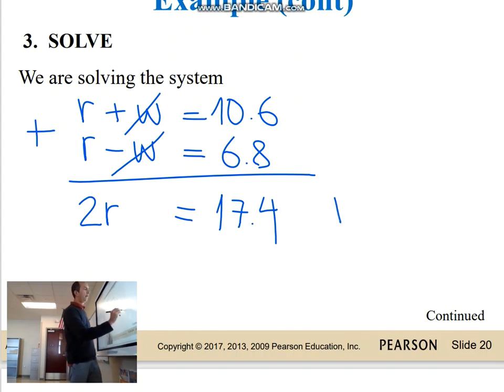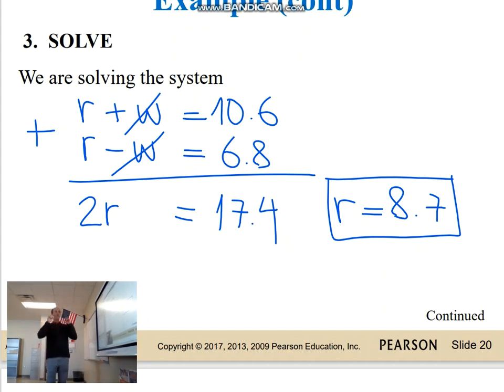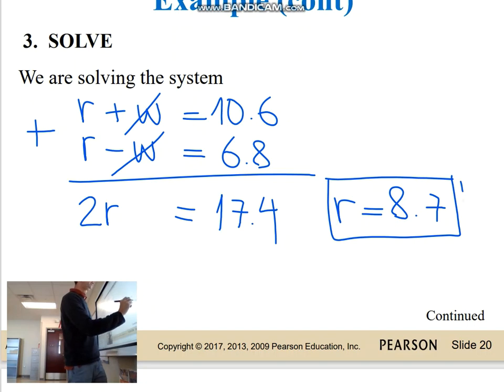That means R is 17.4 divided by 2, and you have 8.7. This is the rate of the rower, in kilometers per hour.